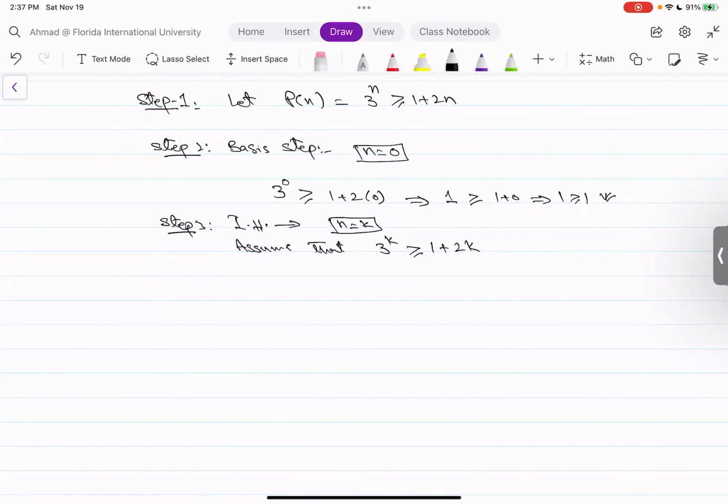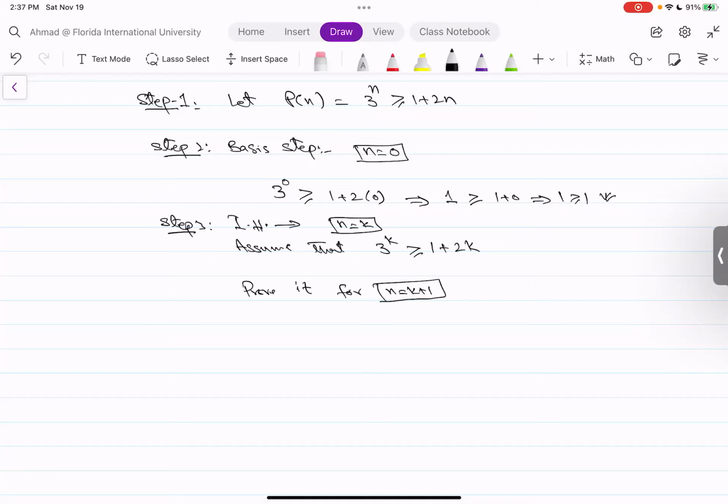Now I have to prove it for n equal to k plus 1. That is our goal. If we are able to prove it for k plus 1, that means our claim is correct. So how can I do that? Instead of k, I'm going to substitute k plus 1.